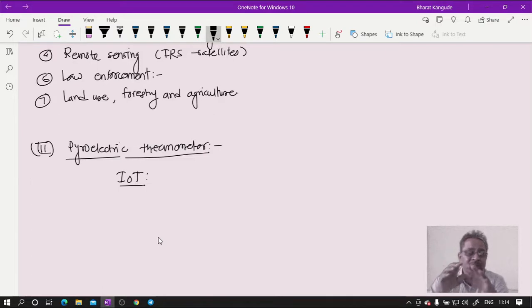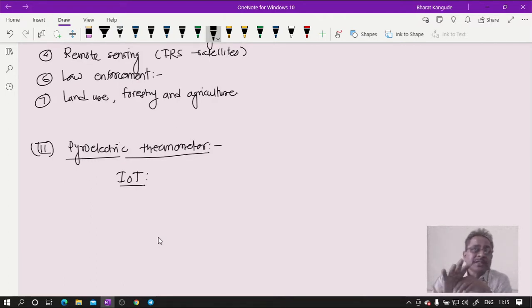Now in this case, we are just going to look into the physics of that. What is the physics of that? What are the different techniques that are used? There is a wide range of different types of ceramic pyroelectric thermometers. We are not interested in all such details of the sensors, because day by day sensors are becoming available in different types with more accuracy, and therefore we are not interested in the actual ceramic sensors used there.